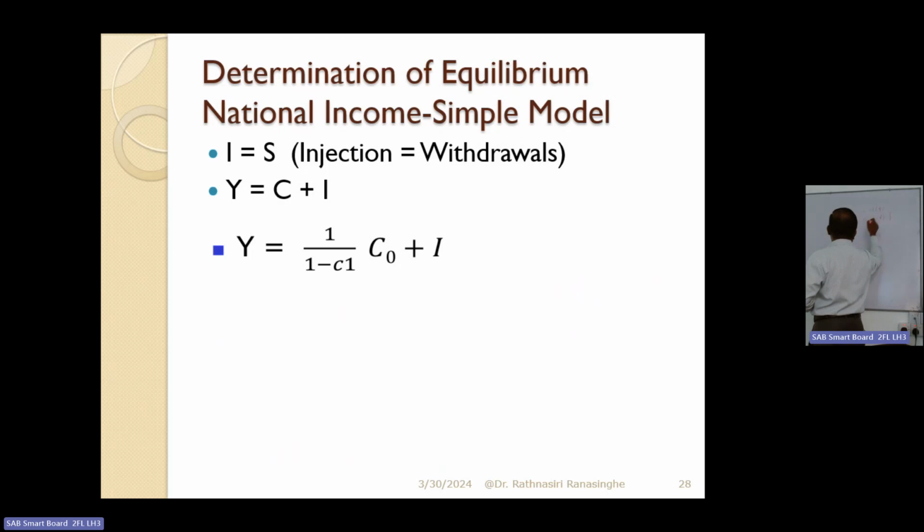On the investment savings. Here savings depends on interest rate. Sorry, both depend on income, right? So I made a mistake. Now I get the idea, right?